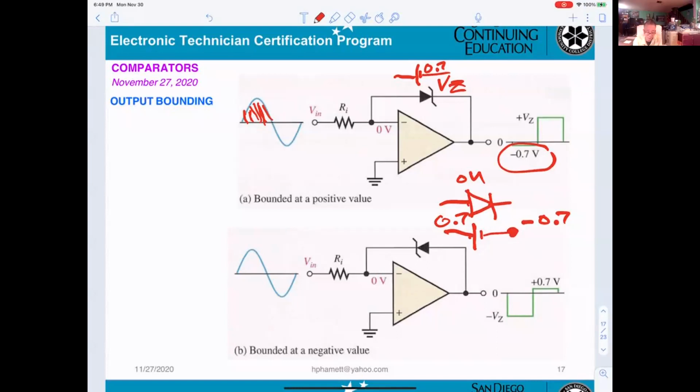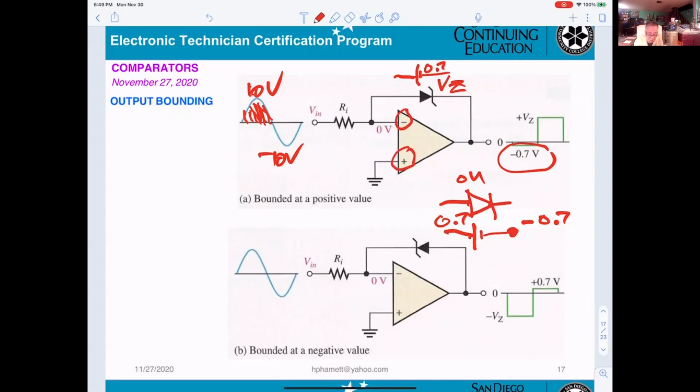No. The input right now will be positive. I can say 10 volts, for example, and this minus 10. So right now we deal with a positive. Then your anode is positive relative to your cathode, so the diode is forward biased. This is just a comparator. It compares the negative input and the positive input.